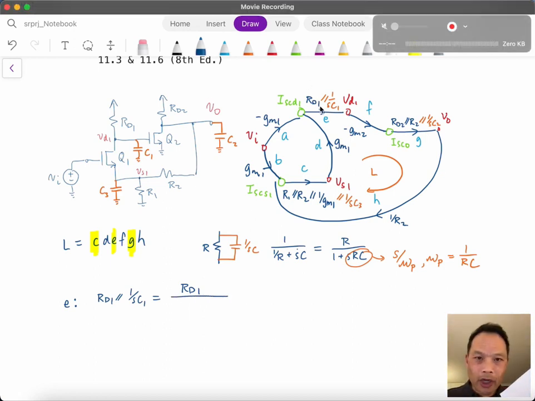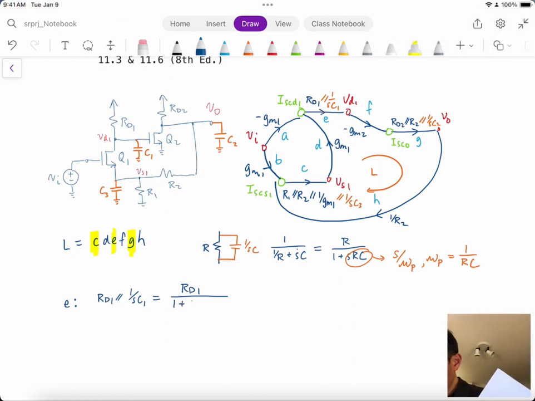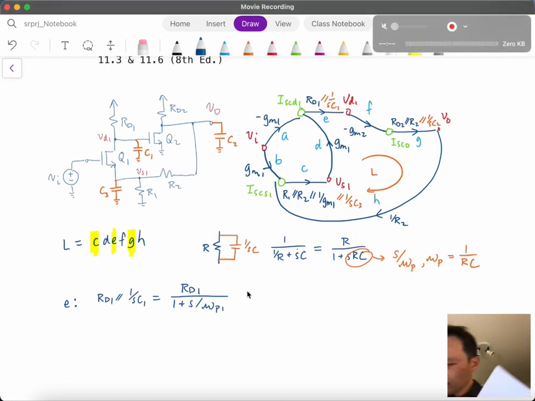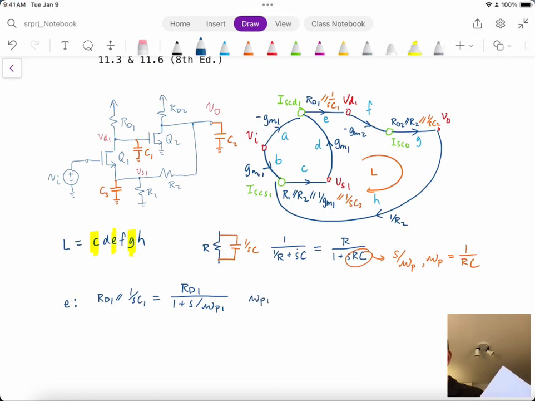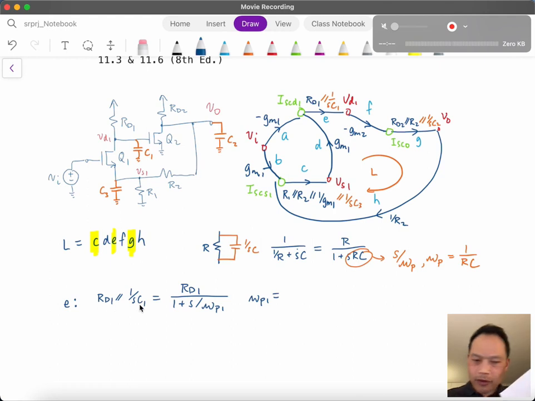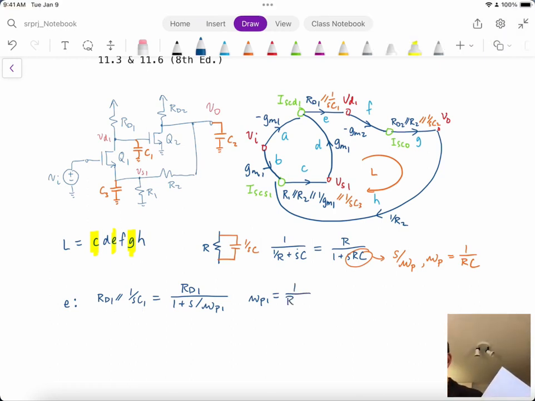So RD1 is now RD1 over 1 plus S over omega P1, where, as we said, omega P1 is just 1 over the product of the resistance, which is RD1, times the capacitance.